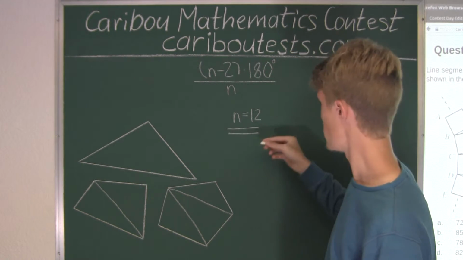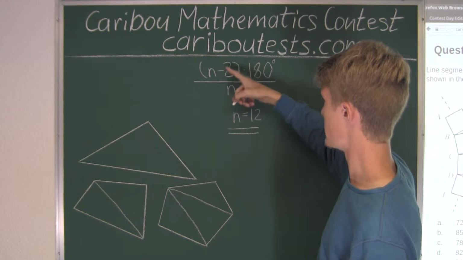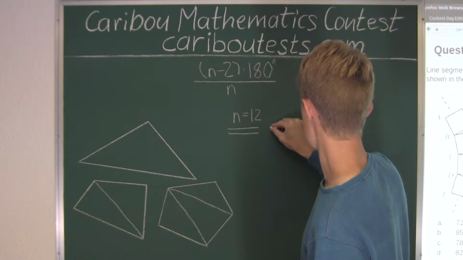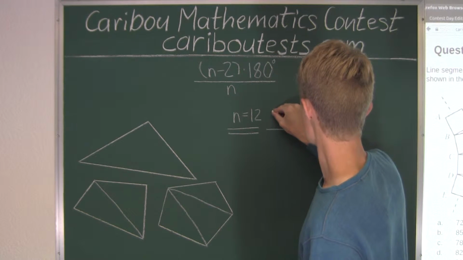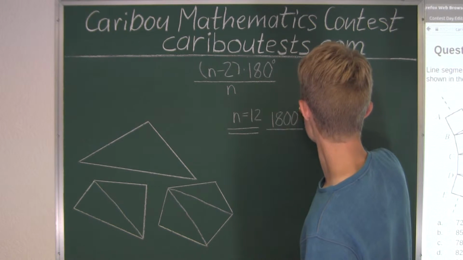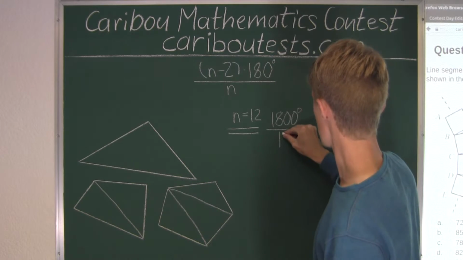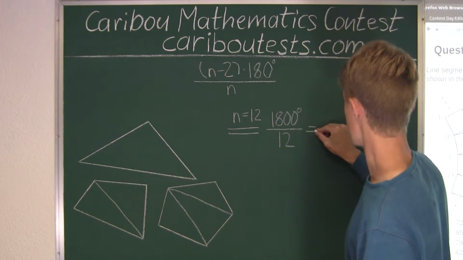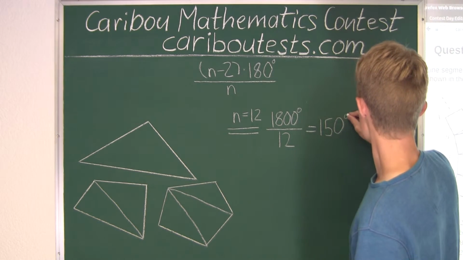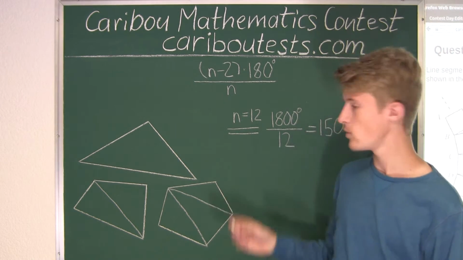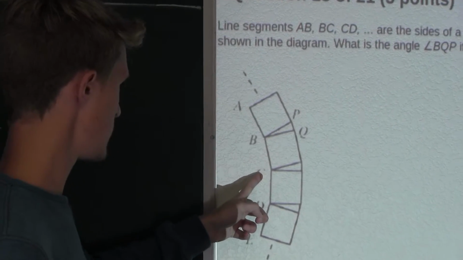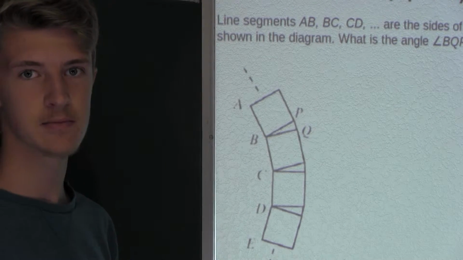So we would have 12 minus 2 is 10, times 180 degrees is 1,800 degrees, and that would be divided by 12, which gives us 150 degrees. So the angle ABC is 150 degrees.